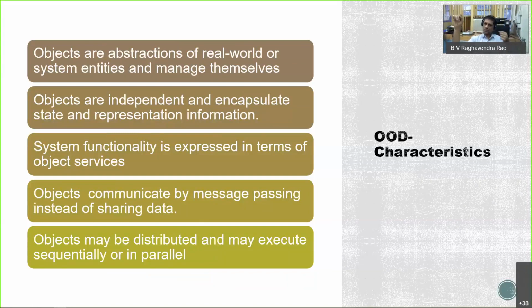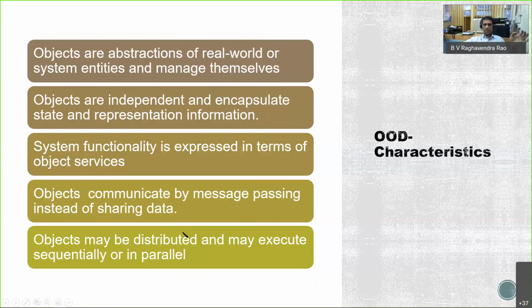Whereas here, objects have their own data and they communicate. One object calls the function of the other object and vice versa. This is called message passing. The function call is called message passing. So objects communicate by message passing instead of sharing data. Whenever we use the term message passing here, we essentially mean function call.